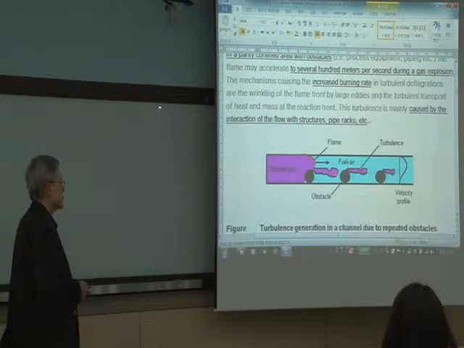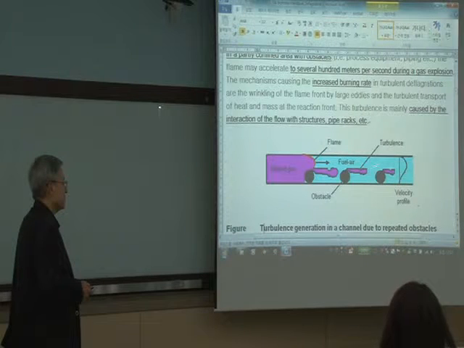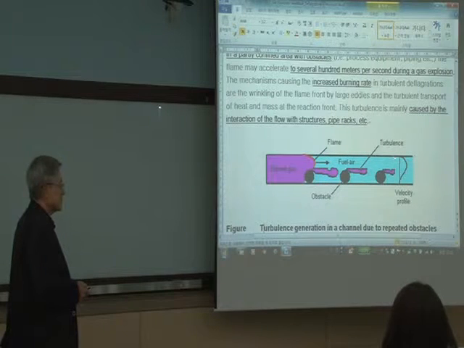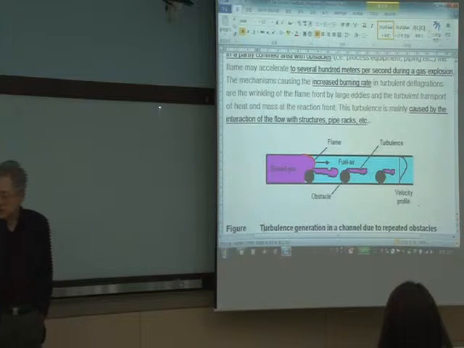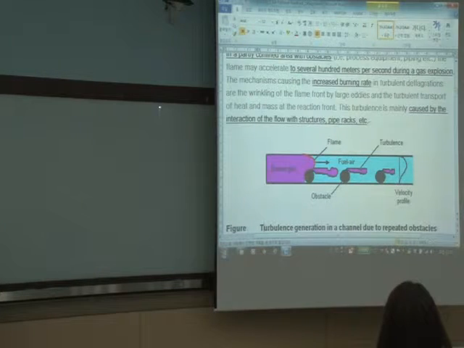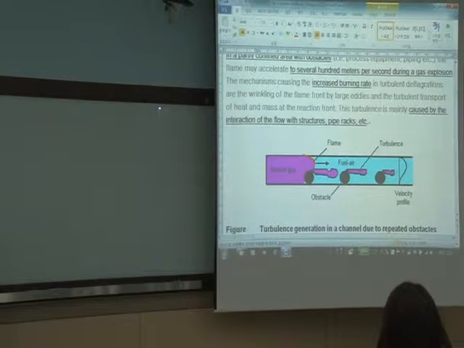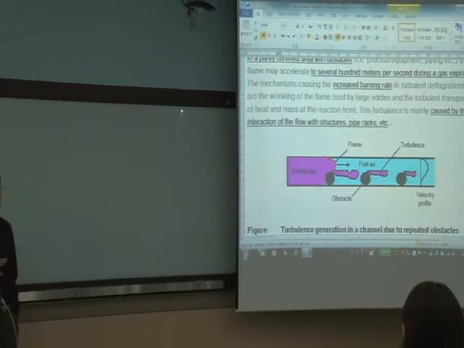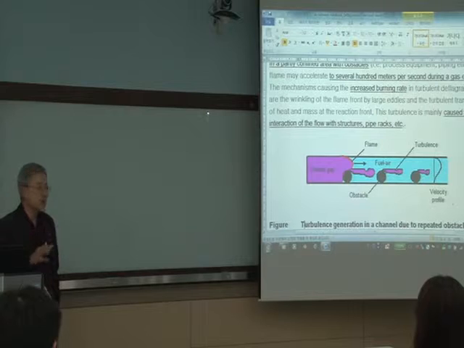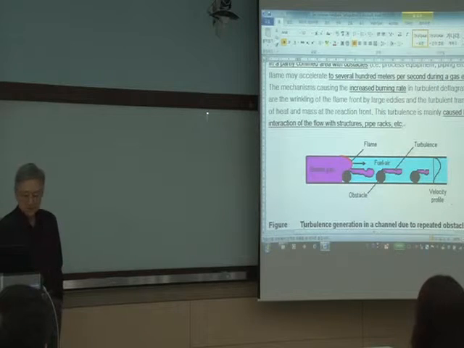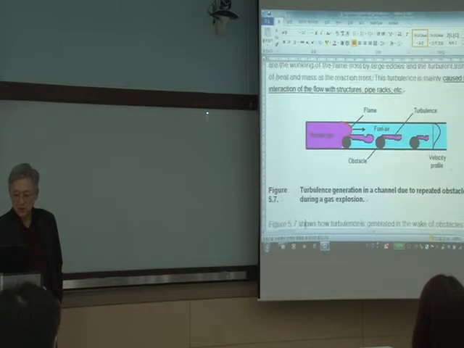Then turbulence will generate around here. Okay, that's the reality. Turbulence generation in a channel due to the repeated obstacle. So in the plant design, you have to really design even the location of the equipment really well.